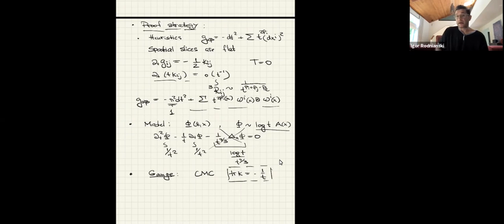Now, in the approach I described, the basic variables which you evolved were the second fundamental form and the metric Gij. I didn't say that, but in reality, you looked at the metric Gij relative to the parallel transported coordinates. Now, in this proof, we use a slightly different set of variables.